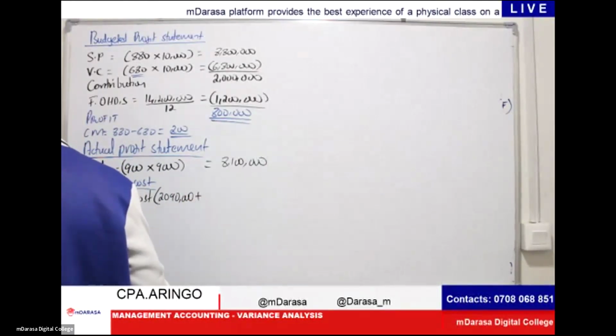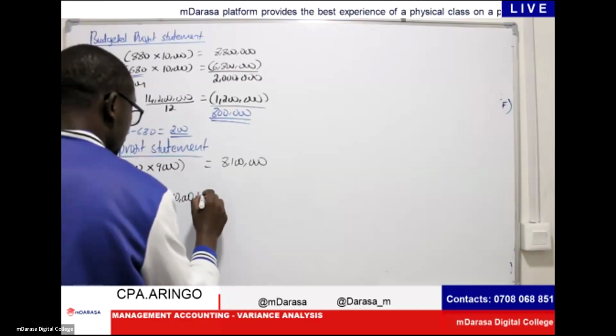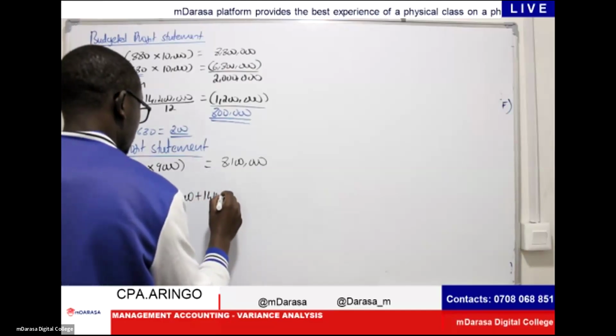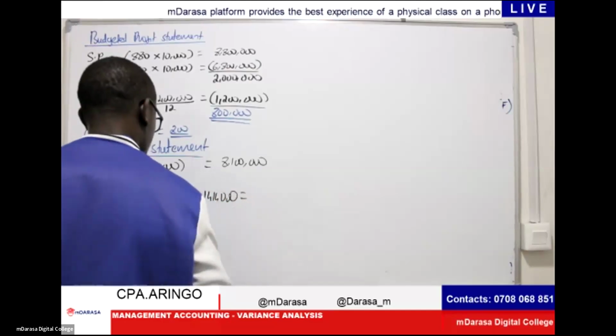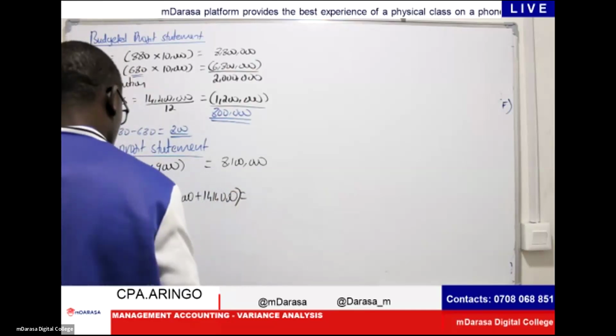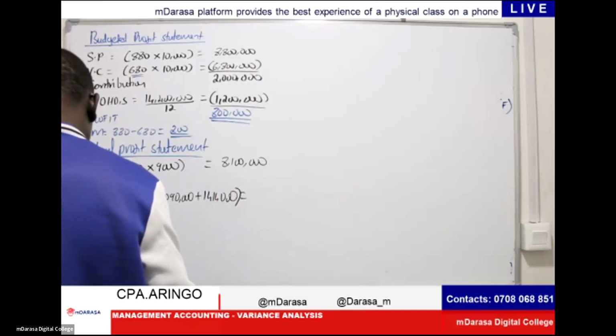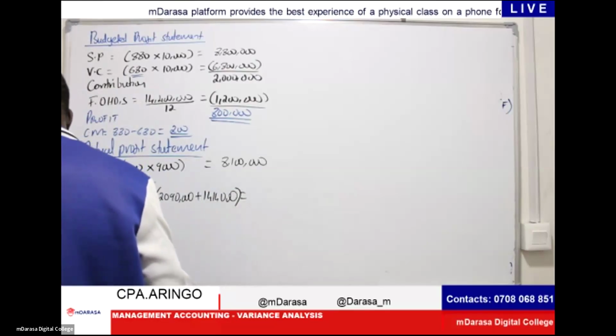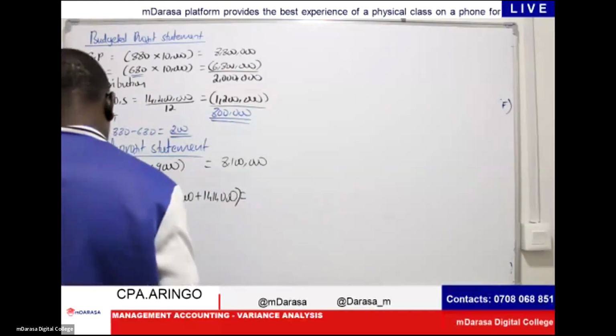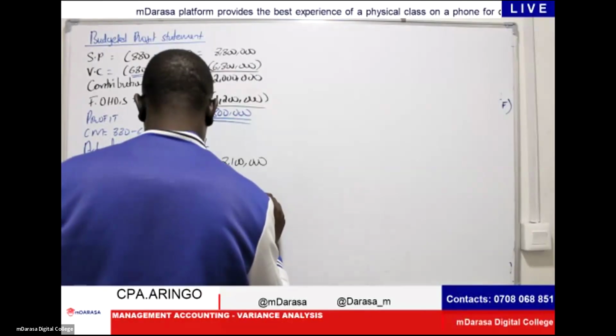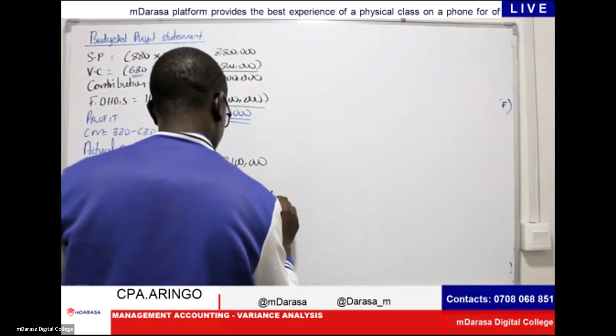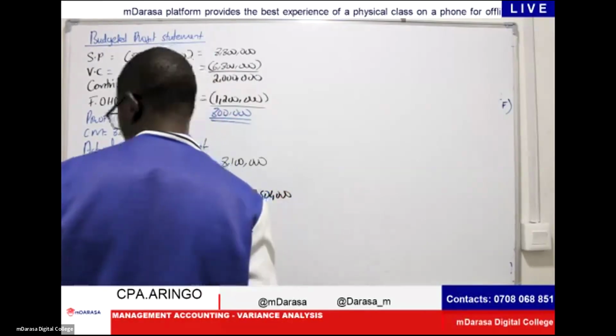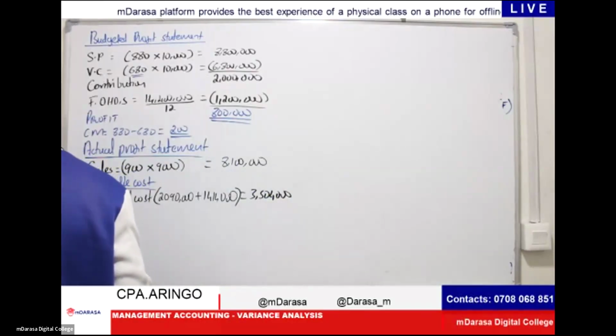We add 1414. So this will give us 2090 plus 1414, giving us 3,504. We have direct labor.